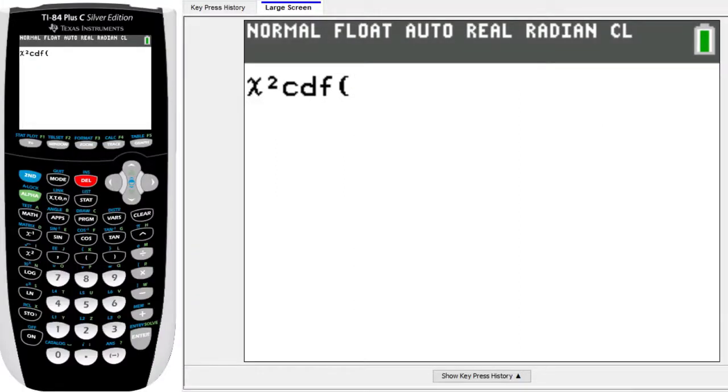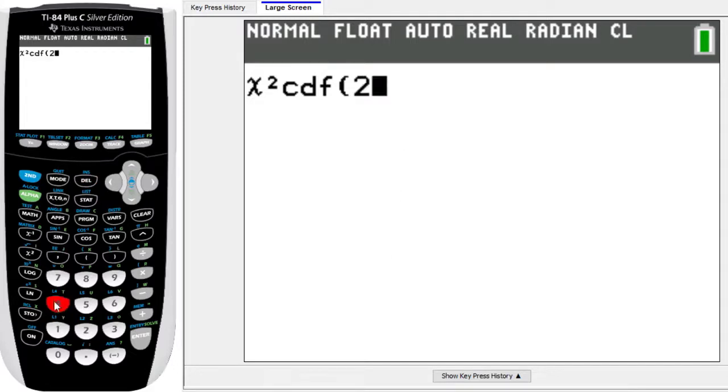If you have a calculator that instead of a menu shows the direct commands on your home screen, then you must type in the low end, the high end, and the degrees of freedom manually. The low end is always first, assuming that you are using a TI calculator.